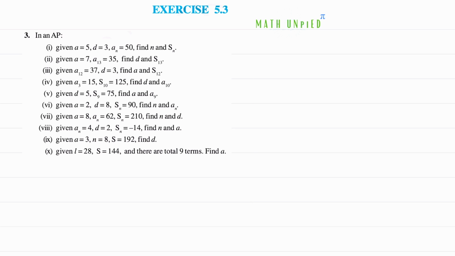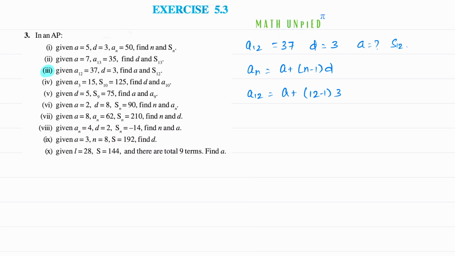Now let's move on to subdivision 3. Here a12 is given. a12 equals 37, and d, common difference, equals 3. We have to find a, first term, and sum of 12 terms. Okay, so an equals a plus n minus 1 times d, or a12 equals a plus 12 minus 1 times 3.